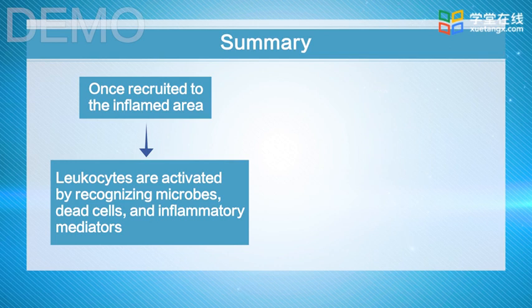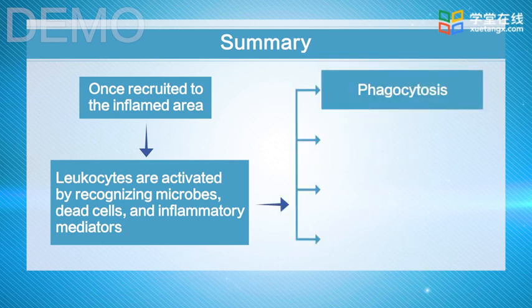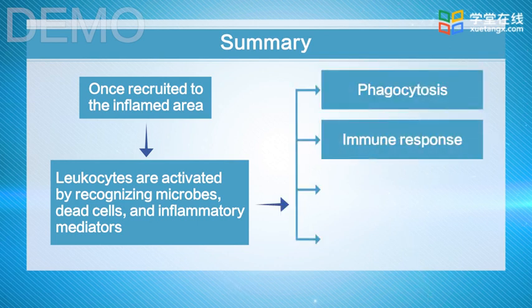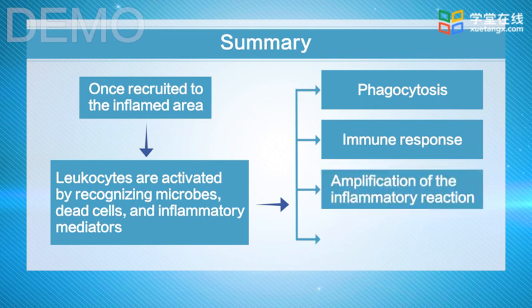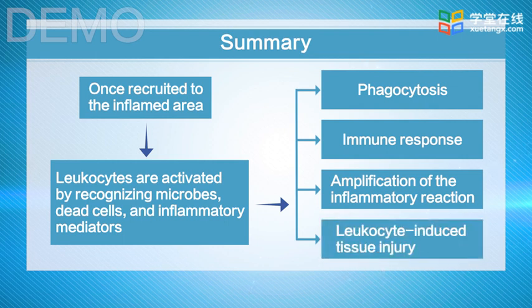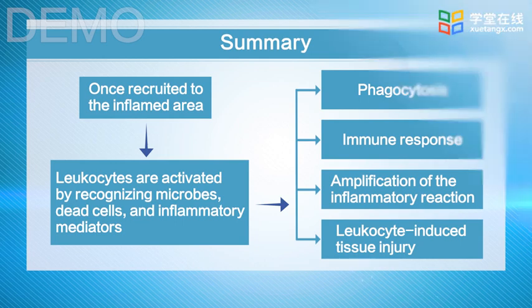Activated leukocytes exert phagocytosis, induce immune response, and produce inflammatory mediators to amplify the inflammatory reaction. Leukocytes eliminate noxious stimuli, mainly through phagocytosis, as well as via extracellular release of lysosomal contents that would also damage normal tissue at the same time.